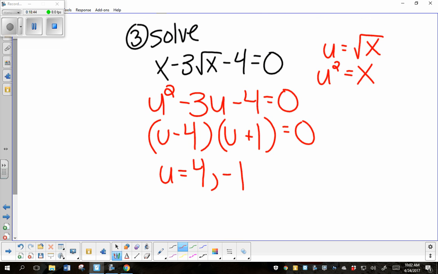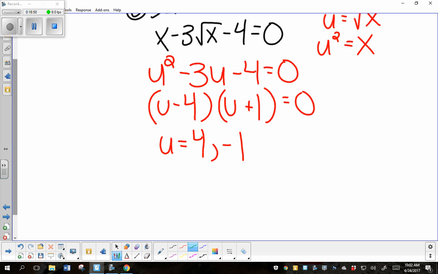So what did we say u was in the beginning? The square root of x. So now we know that the square root of x equals either 4 or the square root of x equals negative 1.